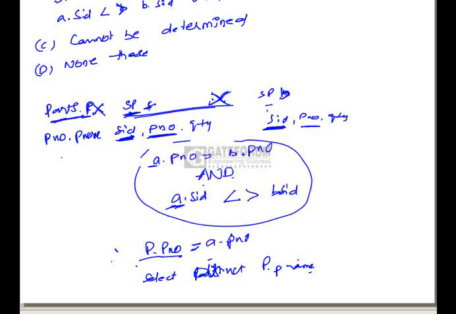The first one is renamed as A and second one is renamed as B. So select distinct P dot P name from parts P, SPA, SPB, where A dot P number must be equal to B dot P number, and A dot SID should not be equal to B dot SID, and P dot P number must be equal to A dot P number. So here correct option is option B.